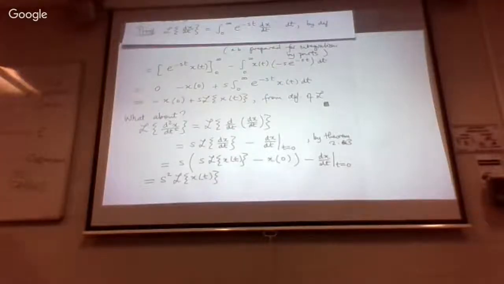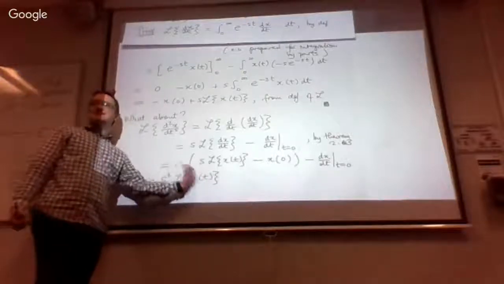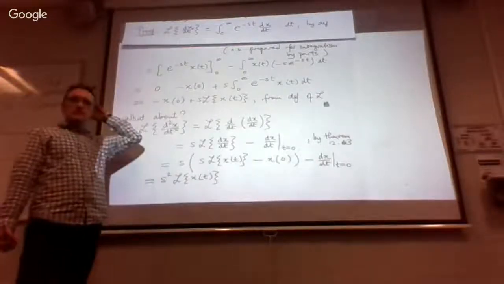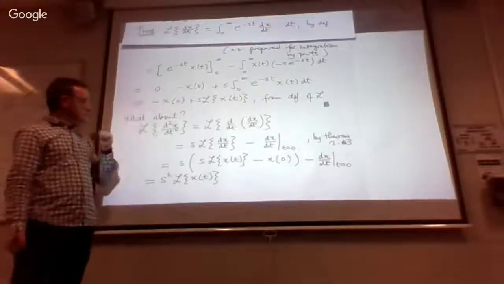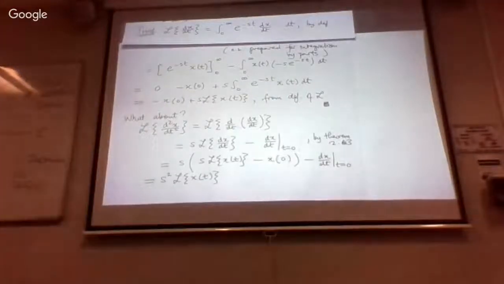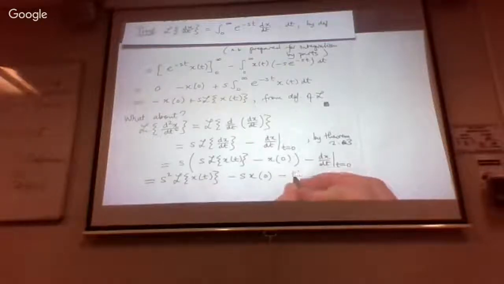And typically, when we encounter these, I won't know that yet, because x is going to be the unknown thing in the differential equation. But the transform of the second derivative is going to be s squared times the transform of x minus s times the initial value of x minus the initial value of the first derivative of x.